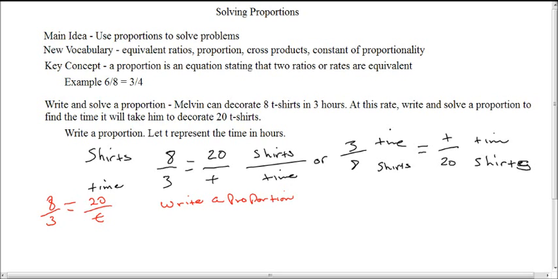Okay. The second step is we must find the cross product. So if I take 8 and multiply it times T, I will get 8 times T is equal to, and then 3 multiplied times 20, 3 times 20. What I'm doing is finding the cross product.